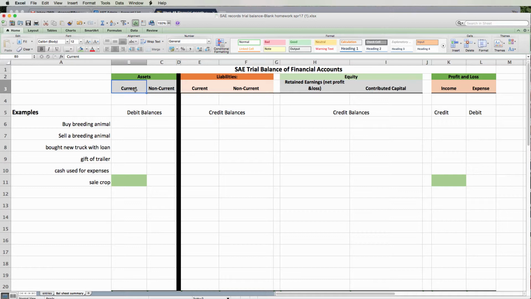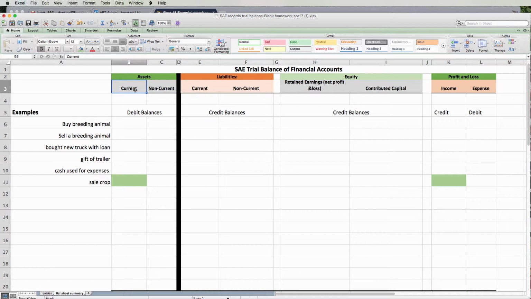The most liquid current asset, and liquidity means the ability to turn into cash, is the cash account itself, like a savings account or checking account. Those are examples of a current asset. Current assets also include inventory that you have for sale. It also could be supplies that you plan to use or sell. Those are the ideas of current. It's stuff that's going to convert into money pretty quick or mature.